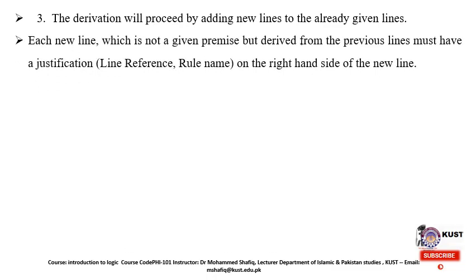Each new line, which is not a given premise but derived from the previous lines, must have a justification, line reference, or rule name on the right-hand side of the new line.